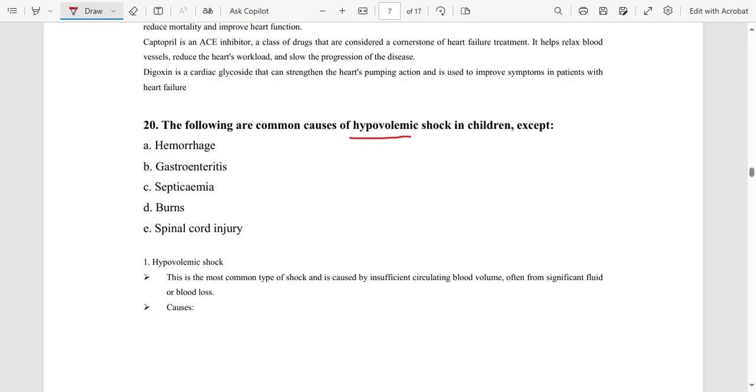So it could be the problem. Otherwise, septicemia and spinal cord injury both fall in the same type of shock.